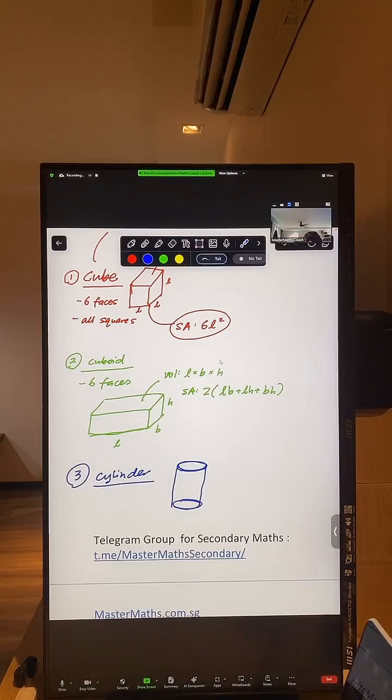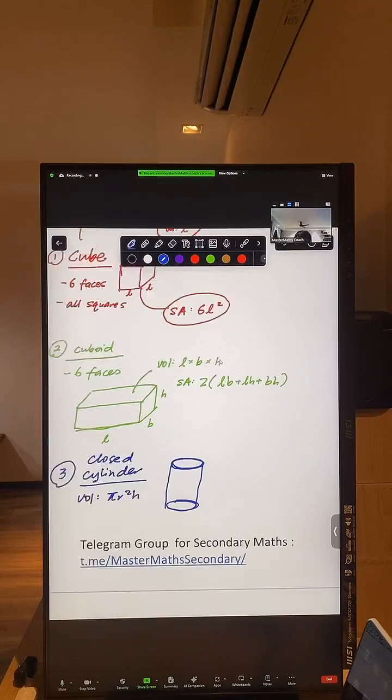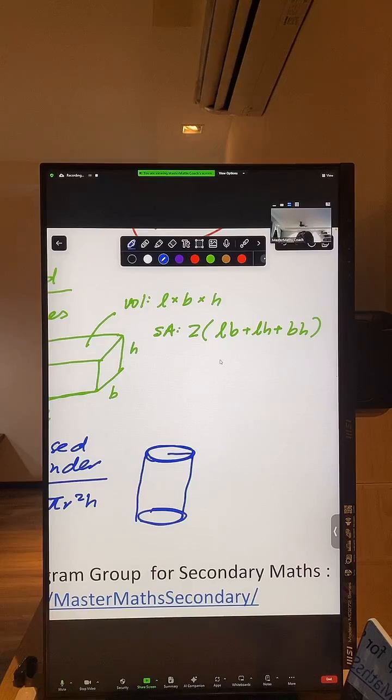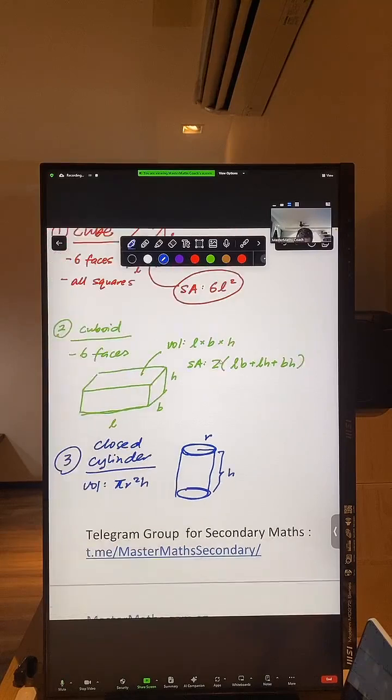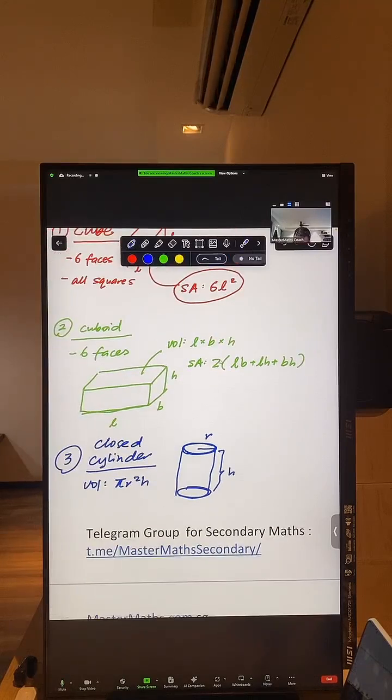For a closed cylinder, the volume is pi r square height. This is your r, this is your h. You need to find the area of the circular face, the cross section, and then you multiply it with your height.